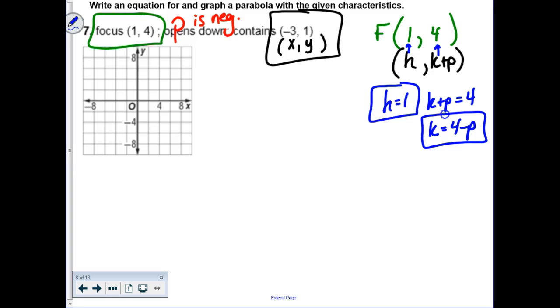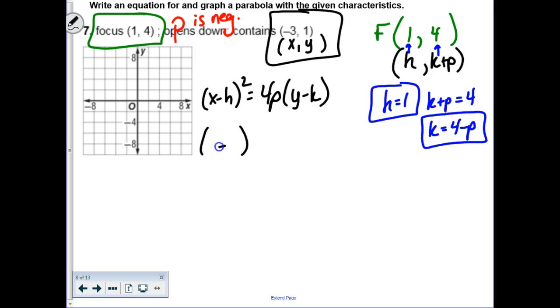But I think we're ready to start plugging some things in. You might want to start by writing down the actual formula. You have a vertical parabola this time, so you're looking at x minus h squared equals 4p times y minus k. So you have an x, you have a y, you have an h, you kind of have a k, and p is going to stay as a variable this time.